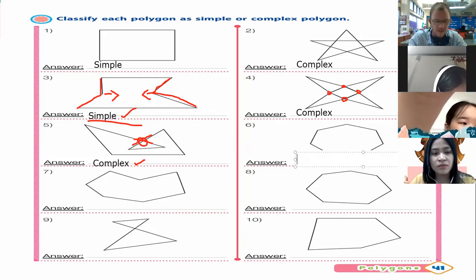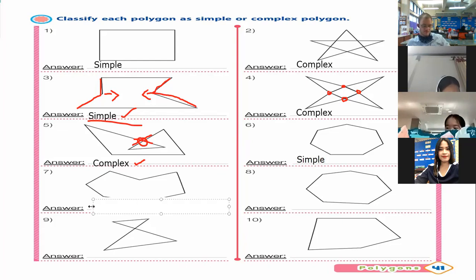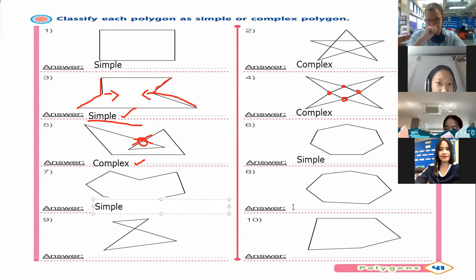Simple. Yes, excellent. Very simple. Number 7. Simple. Excellent. What about number 8?